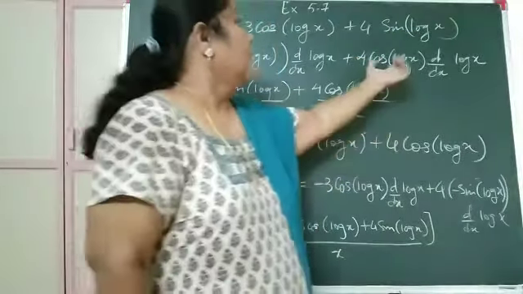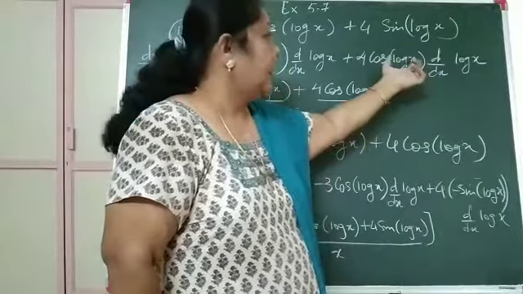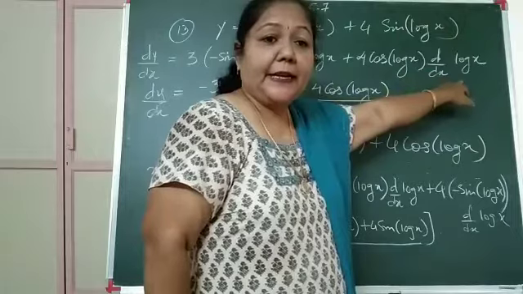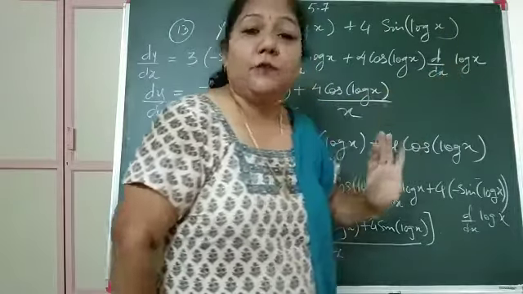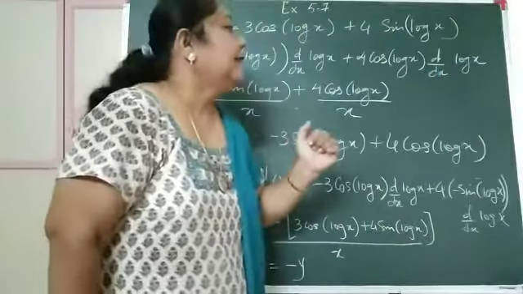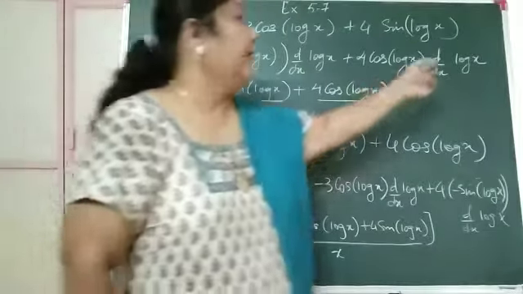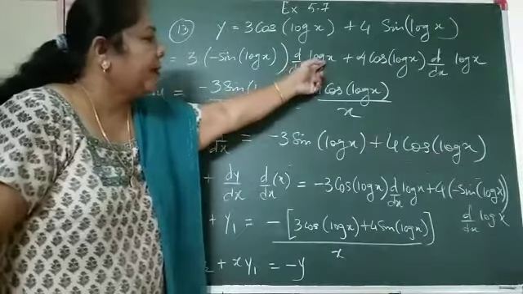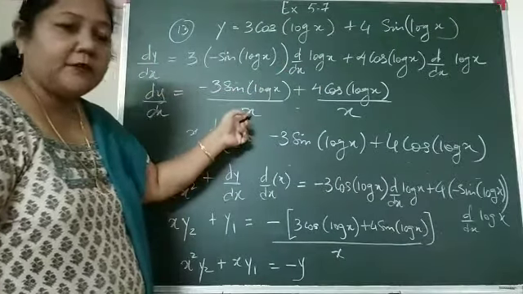But since the bracket of cos is not a simple x term, by chain rule I have to differentiate the bracket again, that is into d by dx of log x. And you know that differentiation of log x is 1 upon x. So that 1 upon x is over here. Same way differentiation of this log is 1 upon x over here.